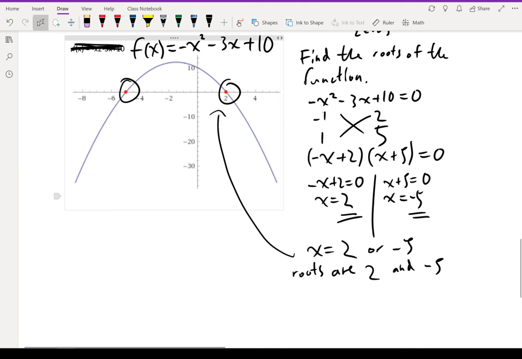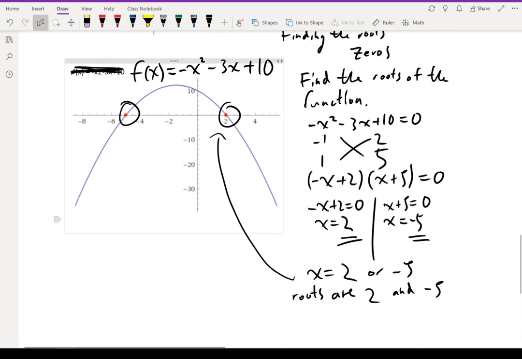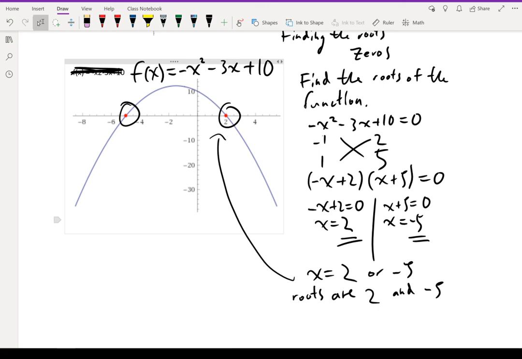So this is basically our introduction to quadratic functions. In the future lessons, we will be looking more at the standard form, looking more at the vertex form, and looking at some interesting properties of the quadratic function, such as this value up here.